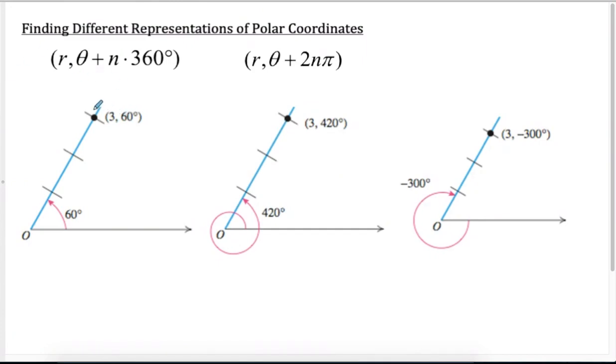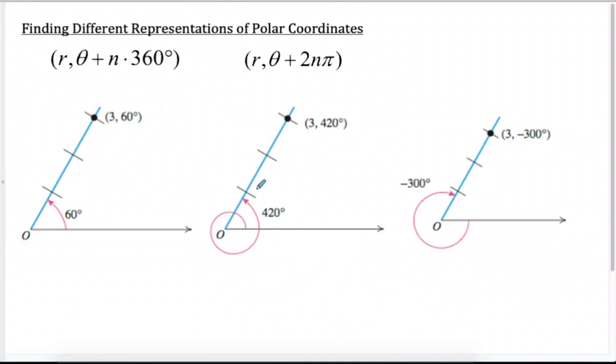For example, if I start with the point (3, 60 degrees), so a radius of 3 rotated 60 degrees, I could go a whole other 360 degrees around and I would be in the exact same spot. So if I add 360 degrees, I would be at the point (3, 420 degrees), and that would represent the exact same coordinate.